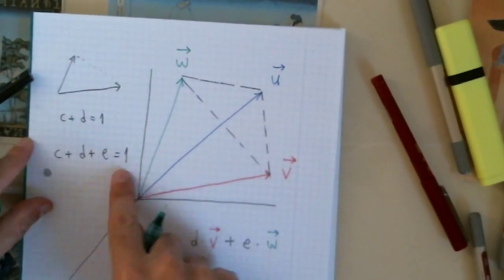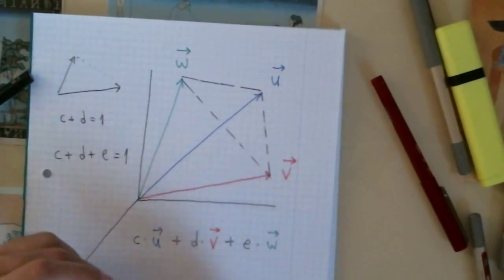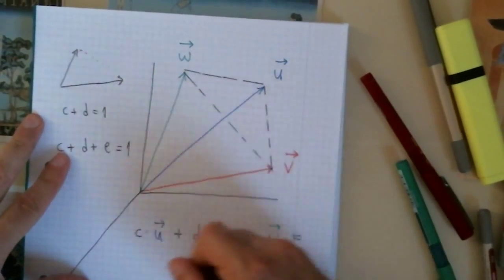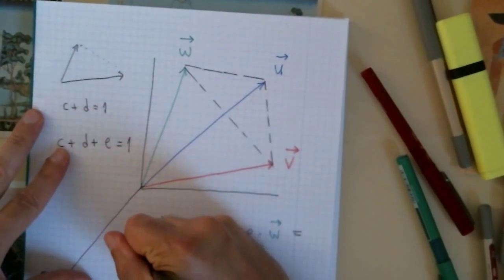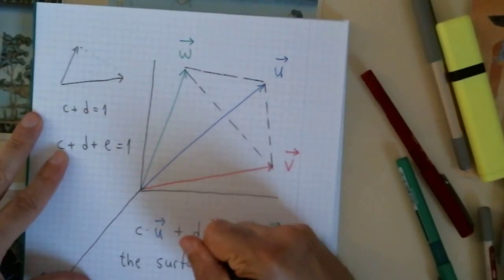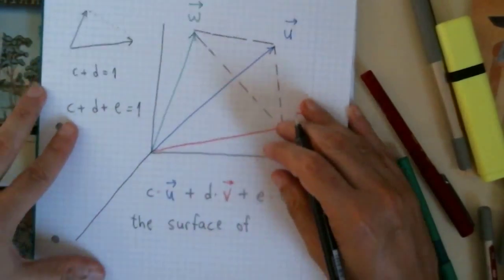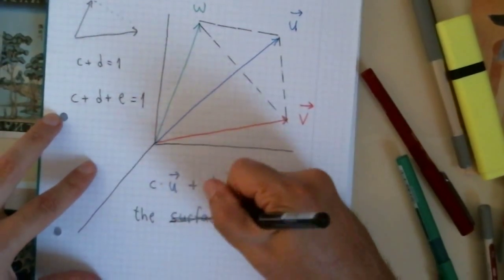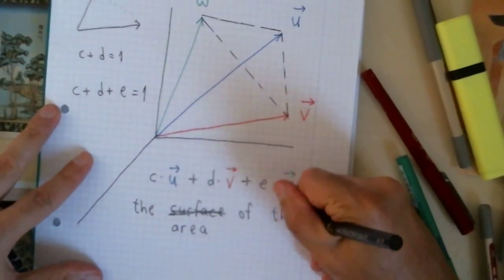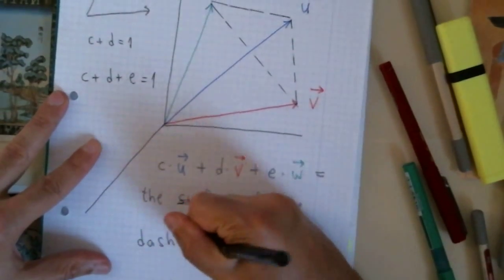If we keep this condition, C plus D plus E equals 1, this equals the surface, or maybe it's confusing to say surface, let's say the area of the dashed triangle.